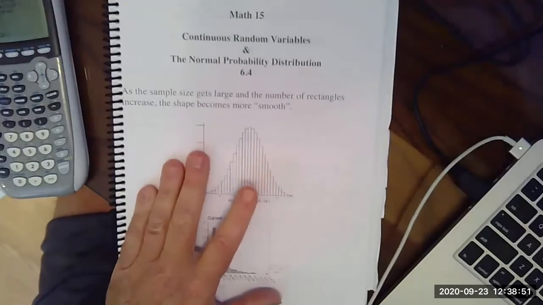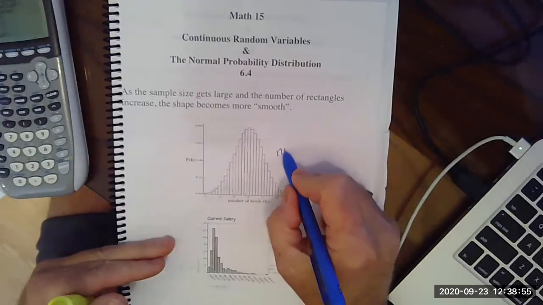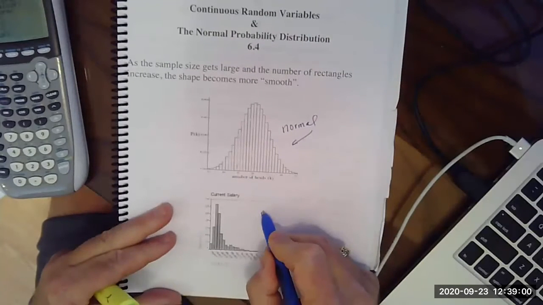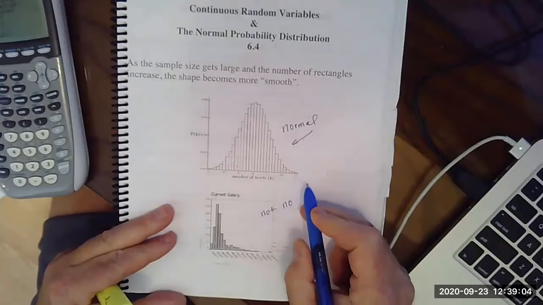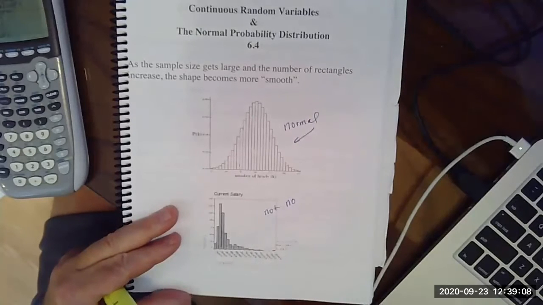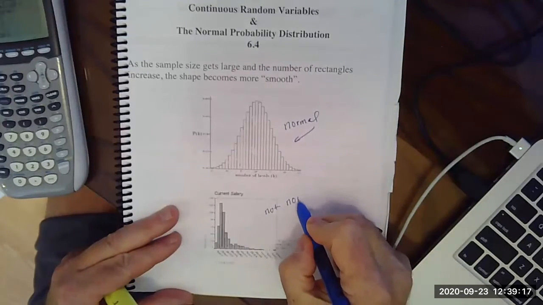This is the normal one. That right skewing would also be considered positive, correct? Sure. I think our book doesn't use the word positive, negative. It uses right or left, or right-tailed and left-tailed. Not normal.